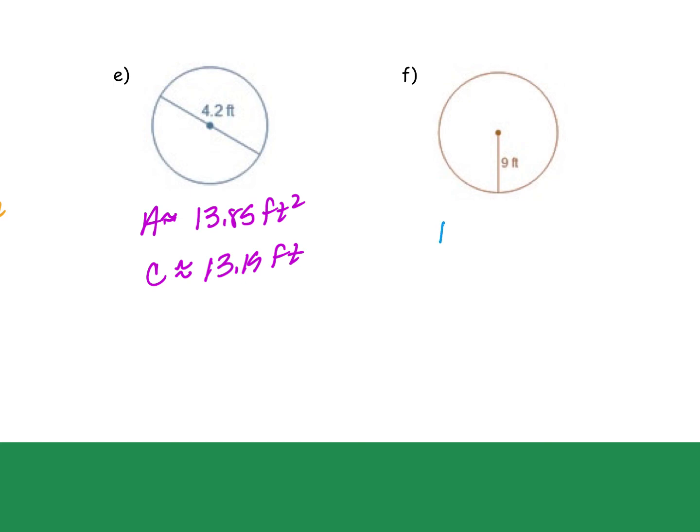And then F, my area is approximately equal to 254.47 feet squared, and my circumference is equal to 56.55 feet. There we go.